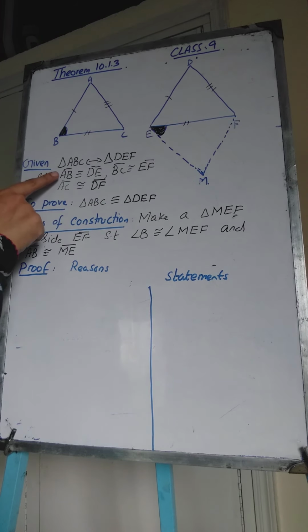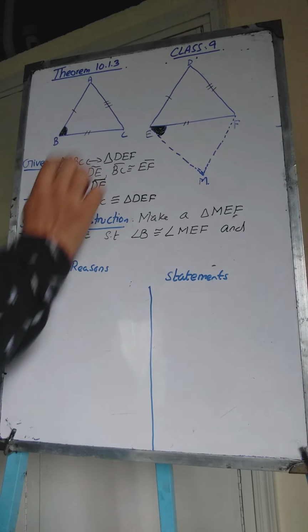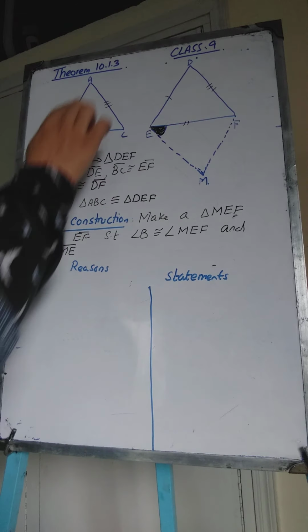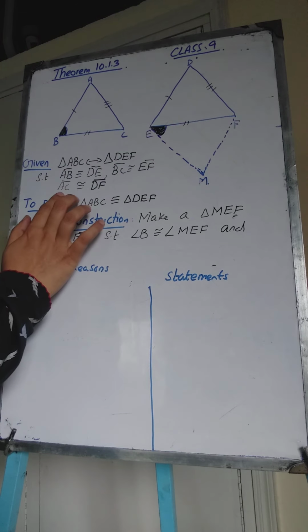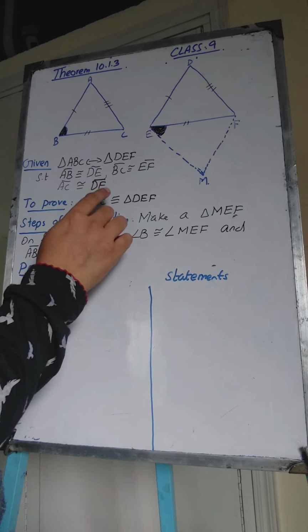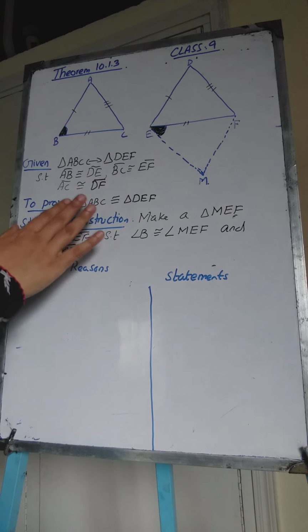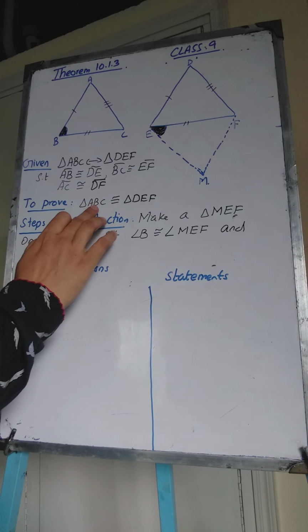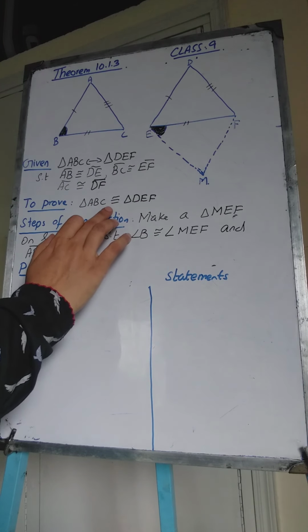Then we are given that side AB is congruent to DE, side BC is congruent to EF, and side AC is congruent to DF. So these are the three sides given to us which are congruent to the sides of this triangle. Next we need to prove that triangle ABC and DEF are congruent. This is what we need to prove.